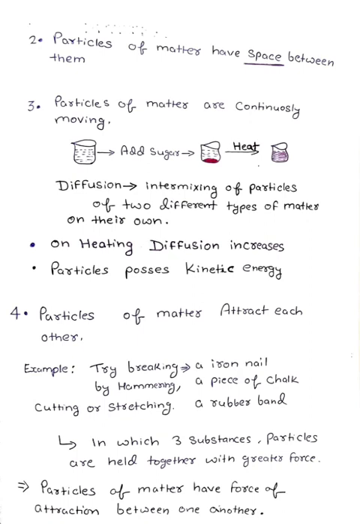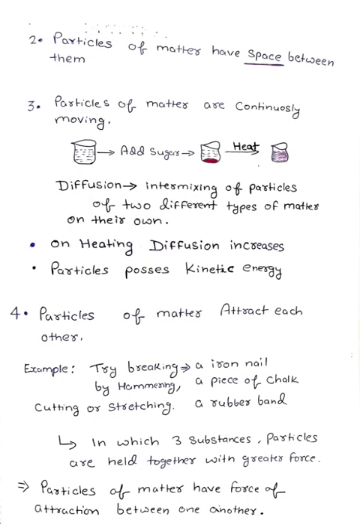Now we come to a new term: diffusion. What is diffusion? It is the intermixing of the particles of two different types of matter on their own. In this example, if we add sugar to a glass of water, then it will take more time to dissolve the sugar in the glass of water evenly and thoroughly.